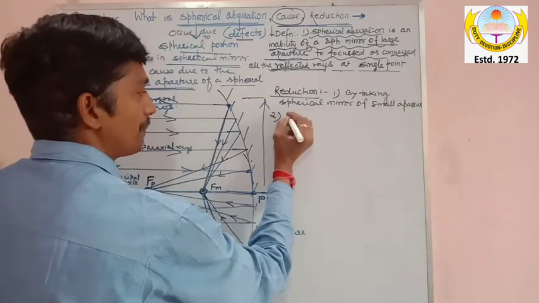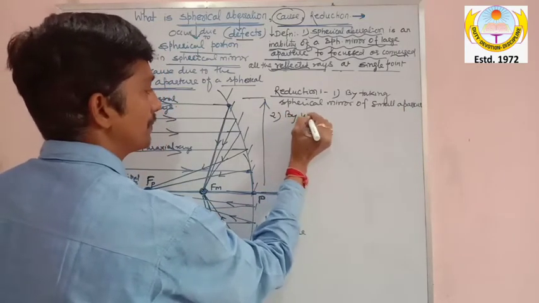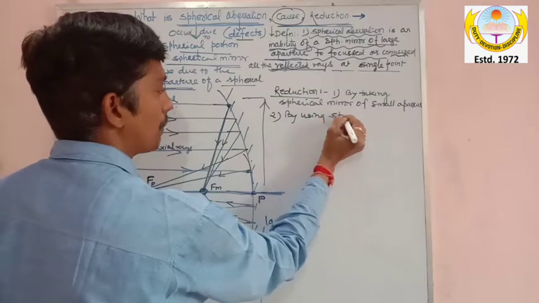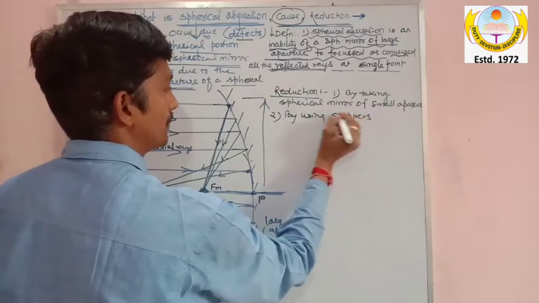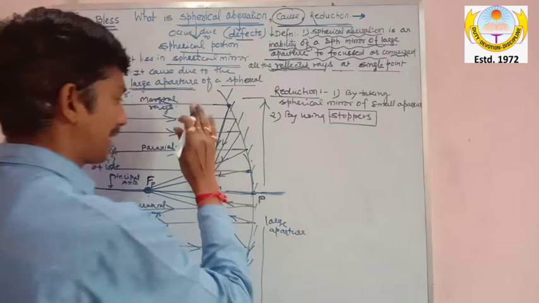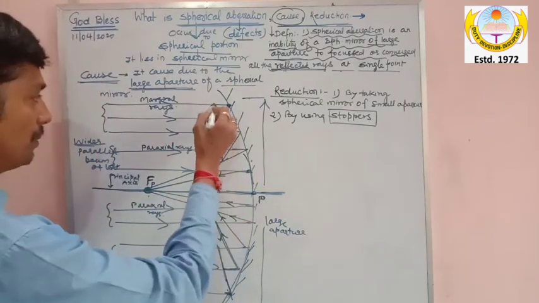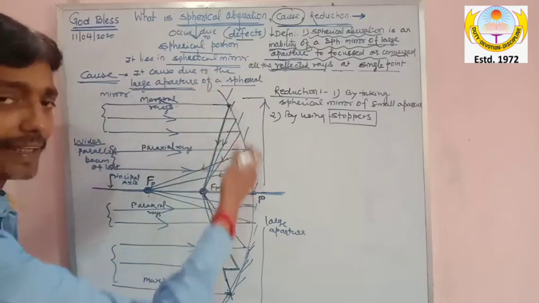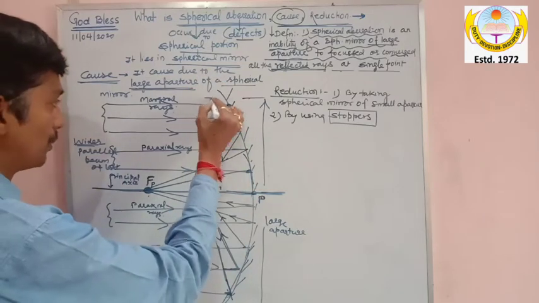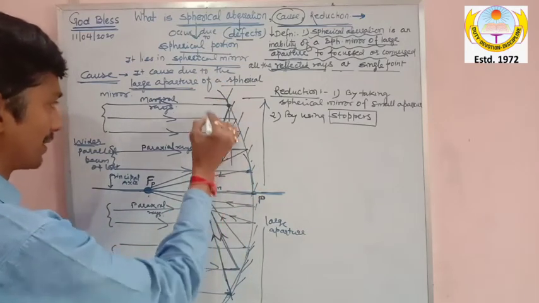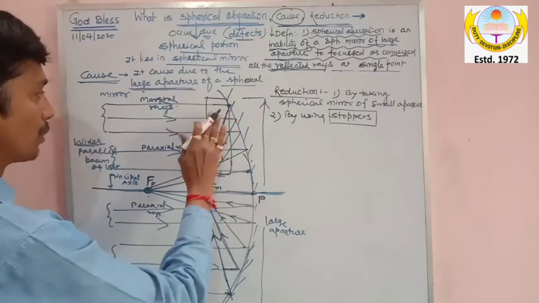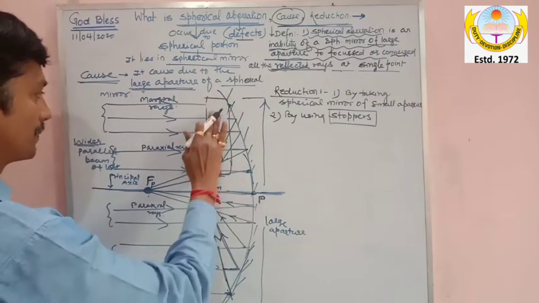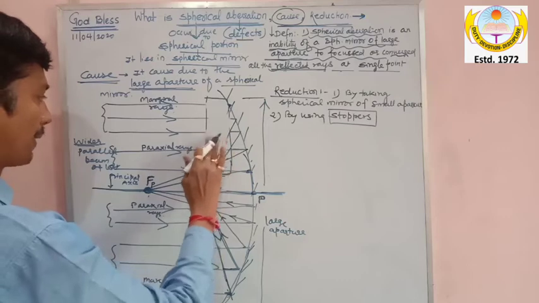And second, by using stoppers. I have kept this diagram. My dear, what will stoppers do? Even if I take a large aperture, for example, say I have taken a large aperture, and I use a stopper here, suppose like this, all these rays will be stopped here only.